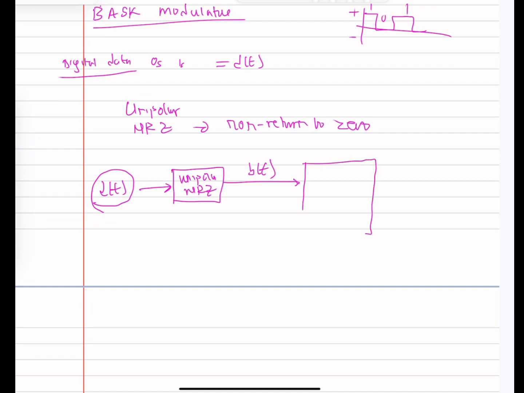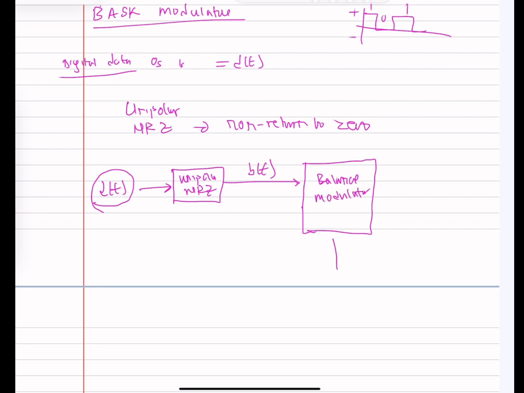The work of the unipolar non-return to zero here is to convert the discrete signal, or discrete data, into digital form, which is the zeros and ones, and we represent that by b(t). When we represent it by b(t), we pass that information into a balanced modulator.